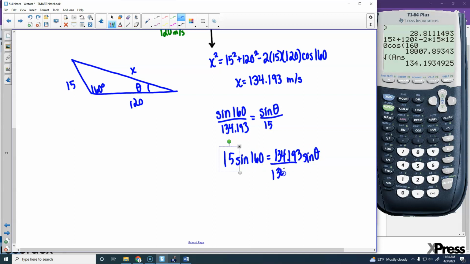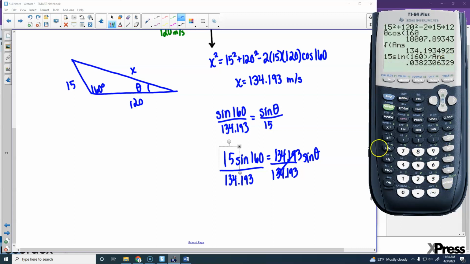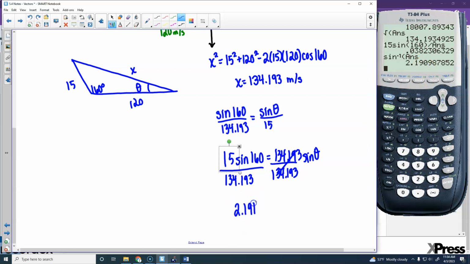We'll divide, we'll get 15 sine 160 divided by the answer from the line before. That gives us this. We have to do sine inverse. And we'll get 2.190 or 2.191 degrees, and that will be north of west.